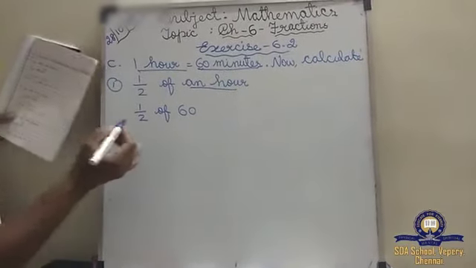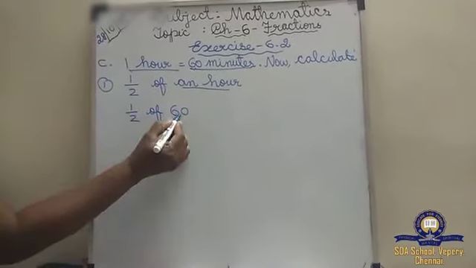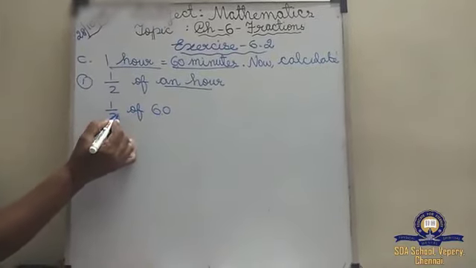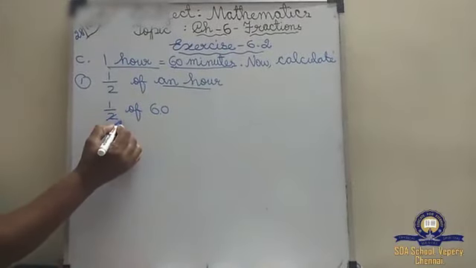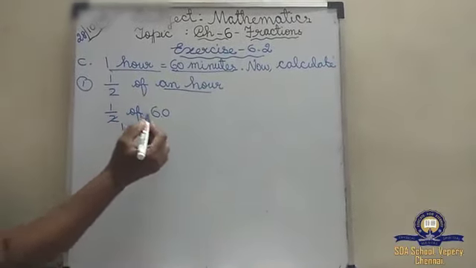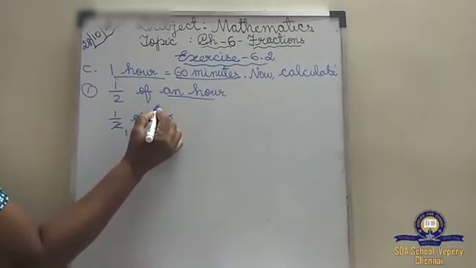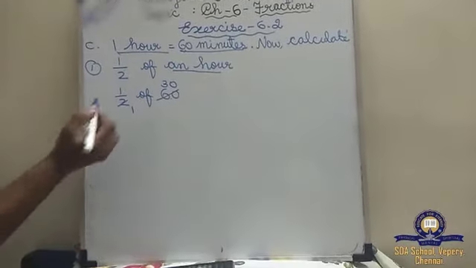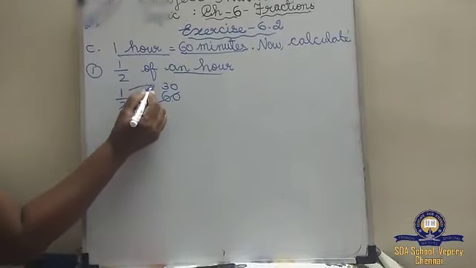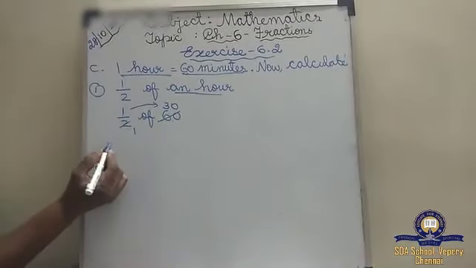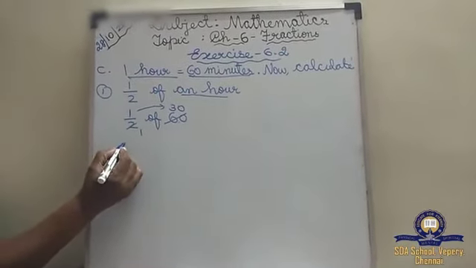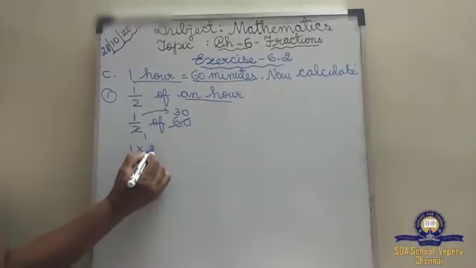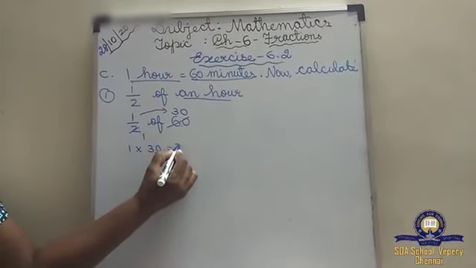So what will come, children? Here 60 goes in 2 tables. What will come? 1 2s are 2, and 30 2s are 60. So when you multiply these two numbers, 1 into 30 is equal to 30.